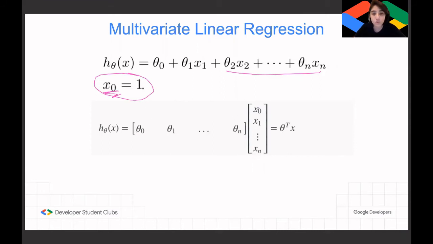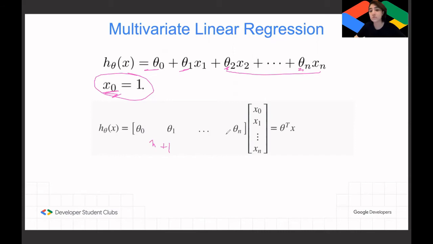And once we do that, because we have an n+1 number of values in terms of theta, if we make a vector with the parameters, then we get an n+1 number of values.